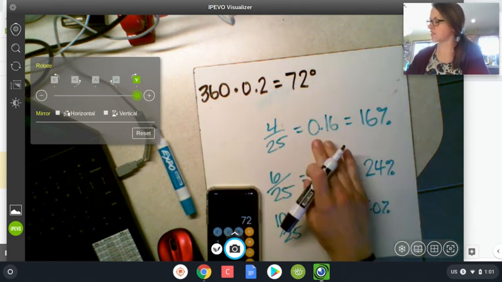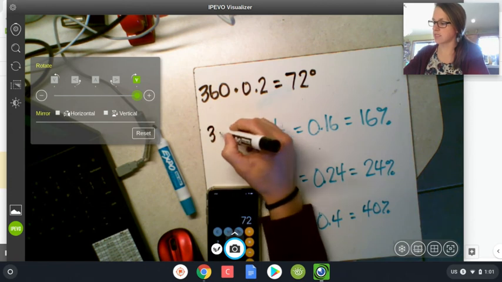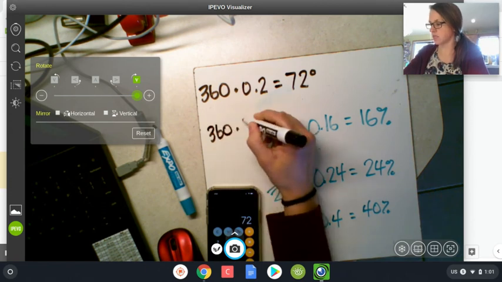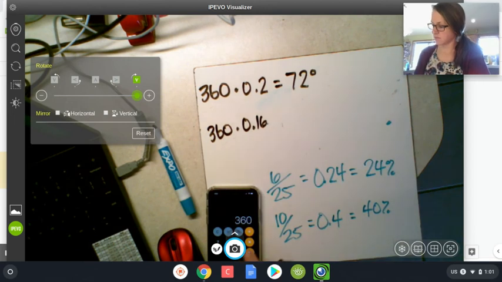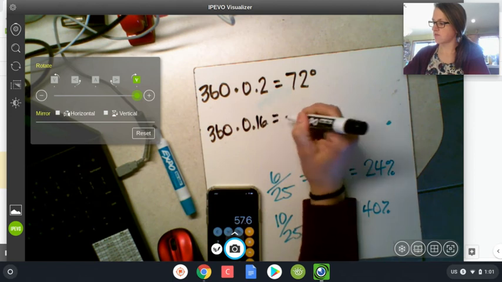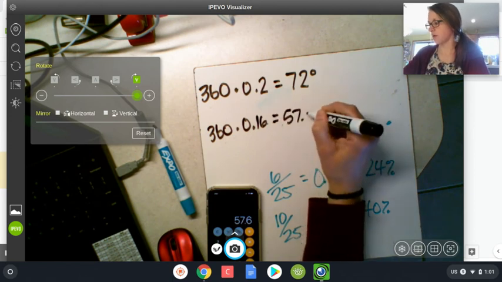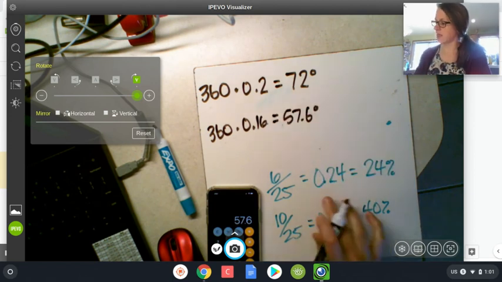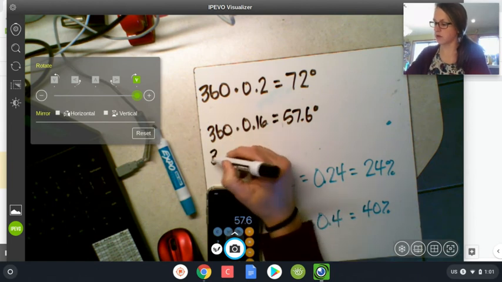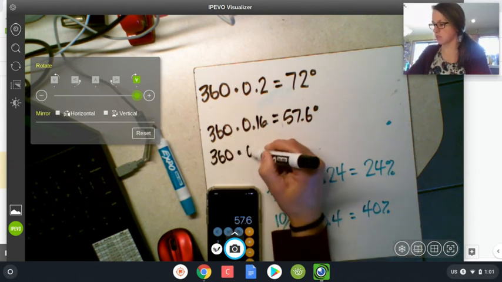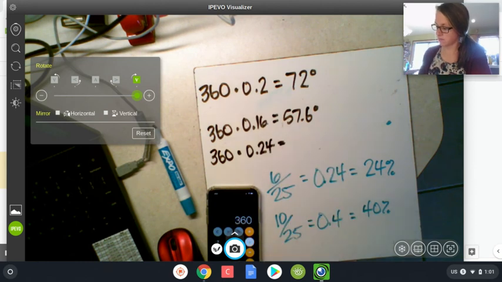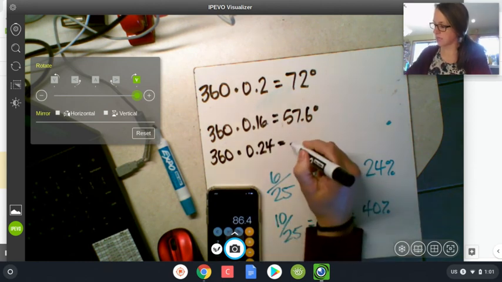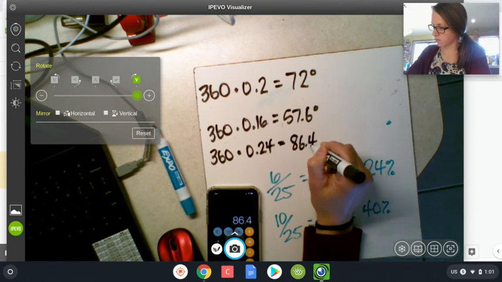Same thing here, I have 16%, so 360 times 0.16, which is 57.6 degrees. And then I have 0.24, so I have 360 times 0.24. It's 86.4 degrees.